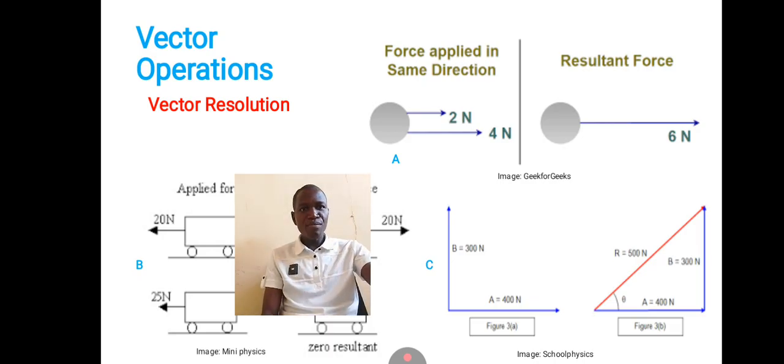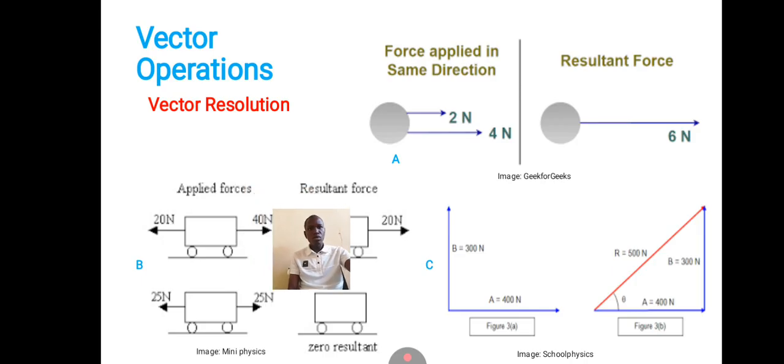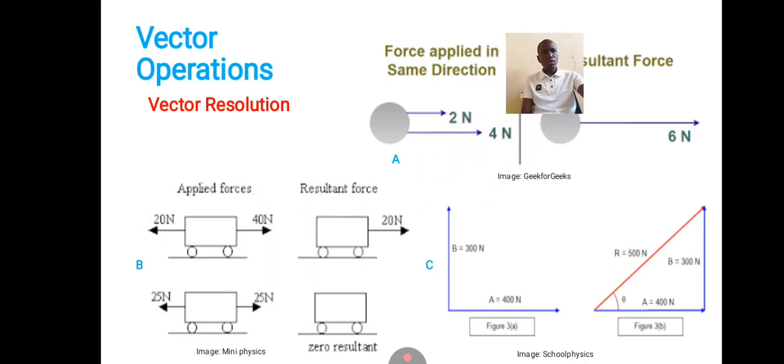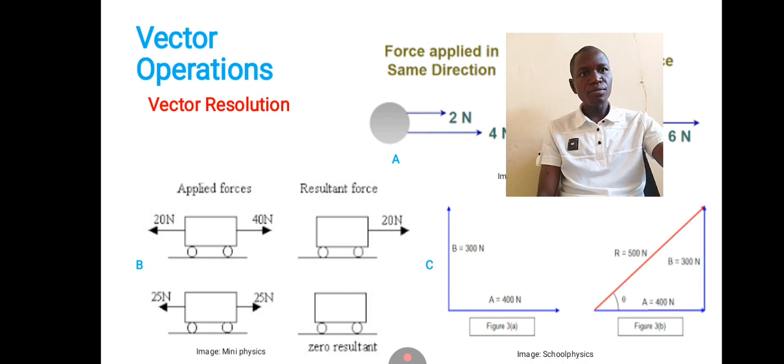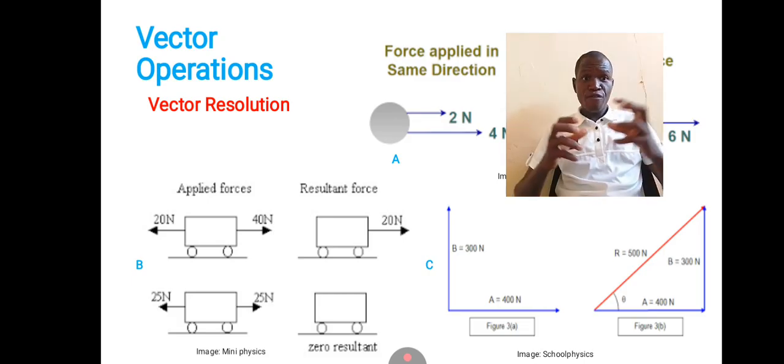Let's look at image number 2. All right, image number 2 now. Observe carefully. I have two different objects there. Let's assume it's a car. And there are two forces, let's say a number of men.